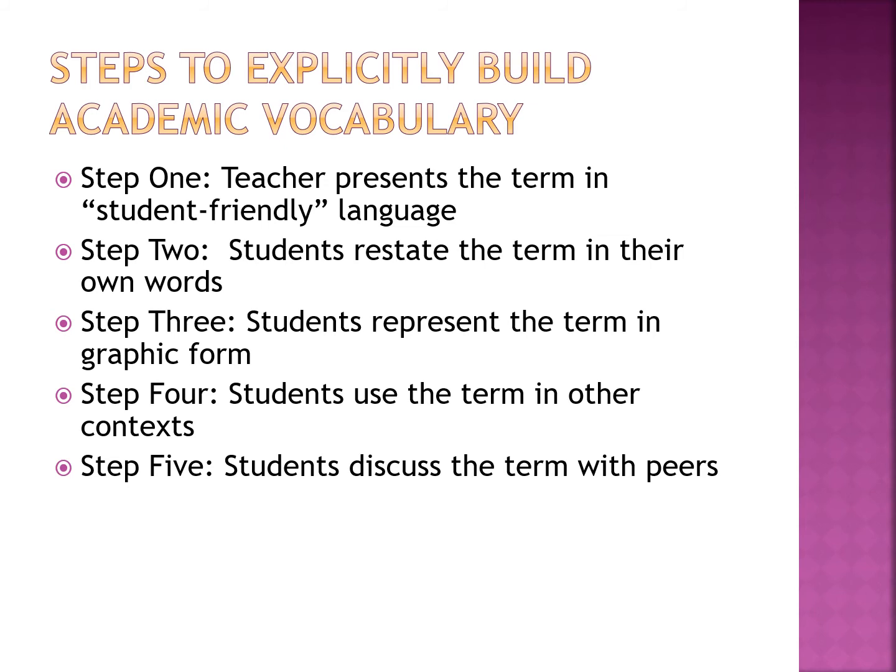We've talked about cooperative learning and how important that is for adolescents. So take advantage of that collaborative nature of middle-level students so that they use it to share the words that they are learning in class.